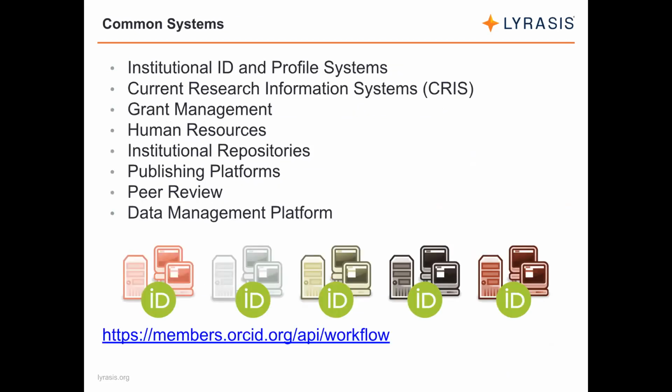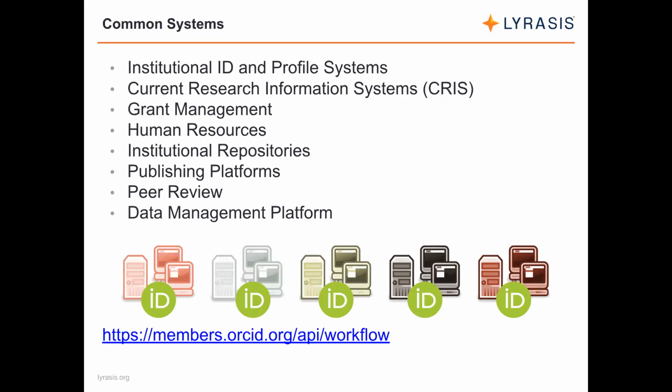Some common systems for ORCID integration include institutional ID or profile systems, current research information systems, or CRIS, grant management systems, and human resources systems like PeopleSoft, for example. For libraries especially, institutional repository systems are common integration points.